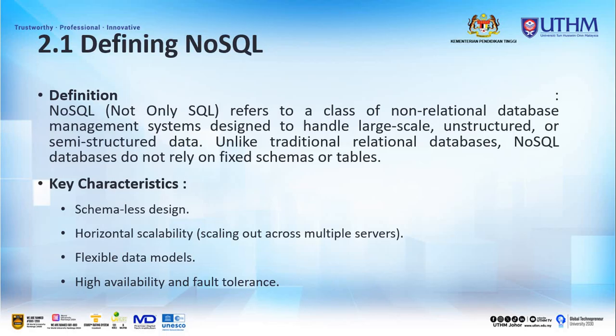As you know, in the normal SQL databases that we have learned, there is a schema like an ERD diagram. There is a data model. We will create a data model which will be referred to throughout the database development process. But for NoSQL, there is no specific or fixed schema or tables.